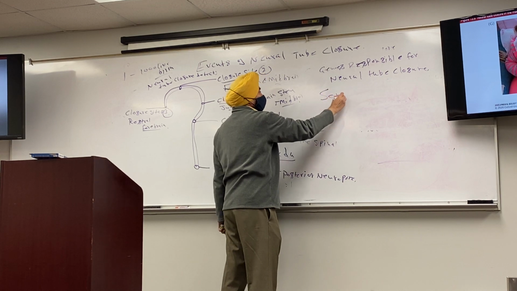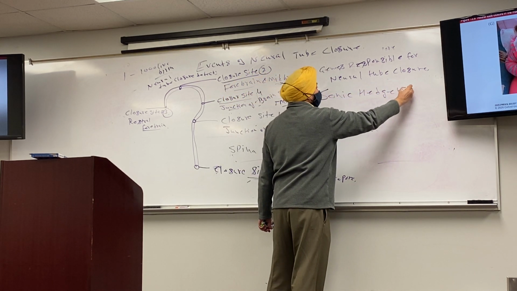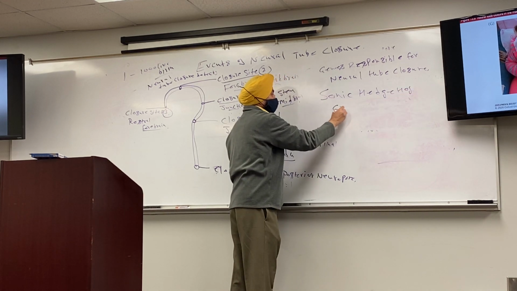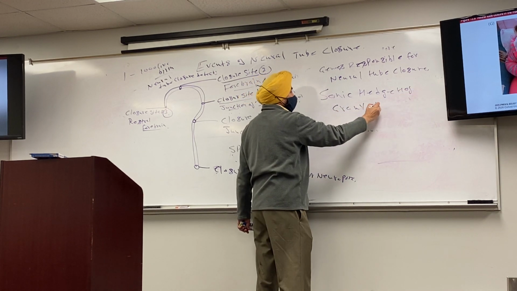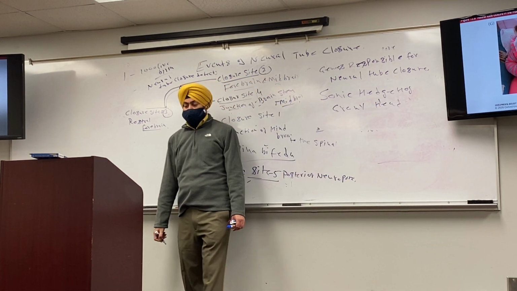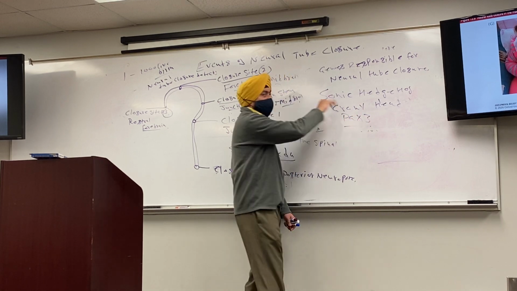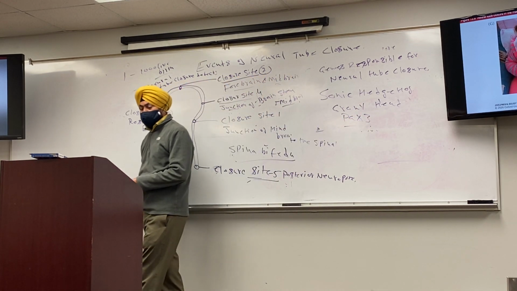Those are sonic hedgehog, that's one gene. Grainy head is another gene, and then you have PAX3. These are important genes which are responsible for the closure of this neural tube.